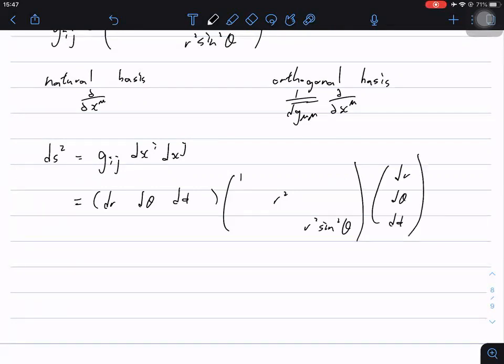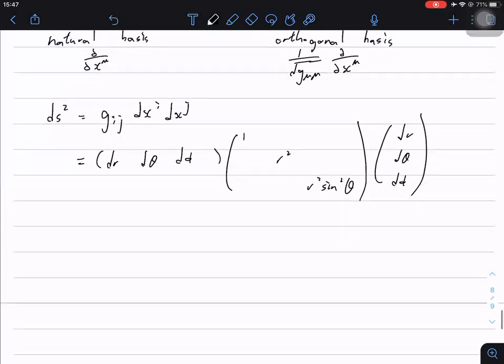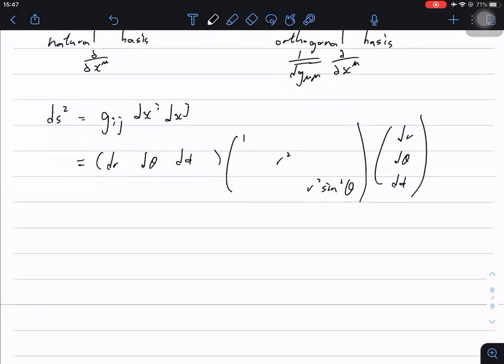So how about in orthogonal basis? In an orthogonal basis, we require that the inner product of the basis vector with itself is unitary. It's 1, which means that the diagonal terms of the metric tensor in orthogonal basis should equal 1. But the line element should be unchanged in whatever basis we use.